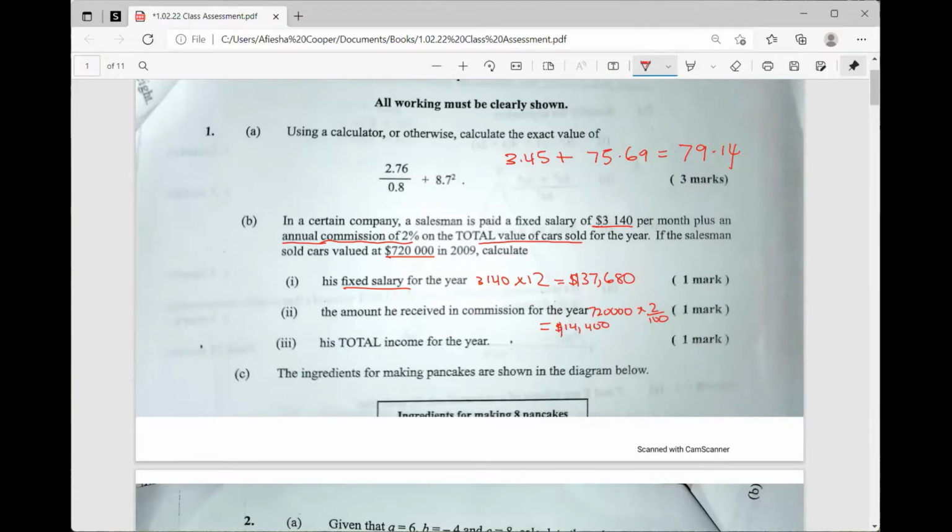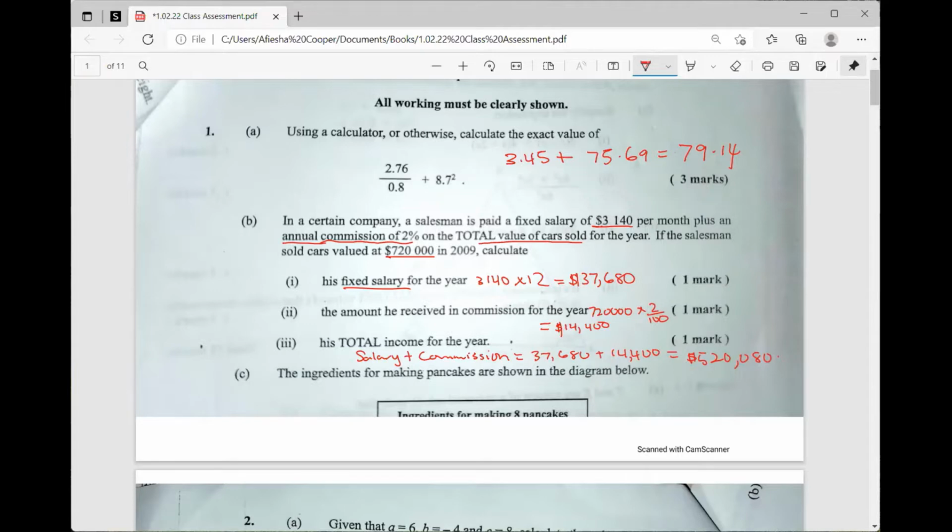And his total income for the year will be his salary plus his commission, which will be these two above, 37,680 plus 14,400. That gives $52,080. Yeah, so that's our first page there.